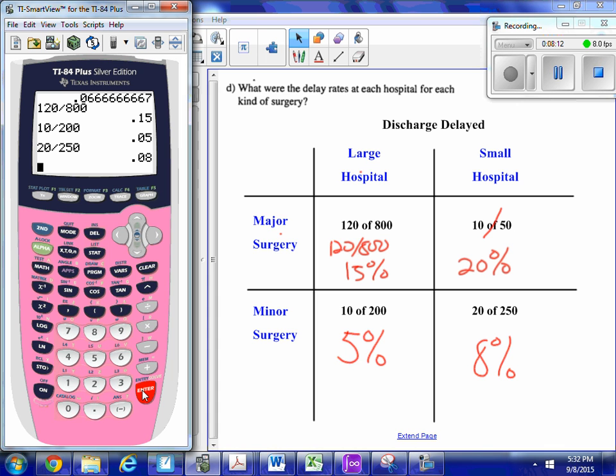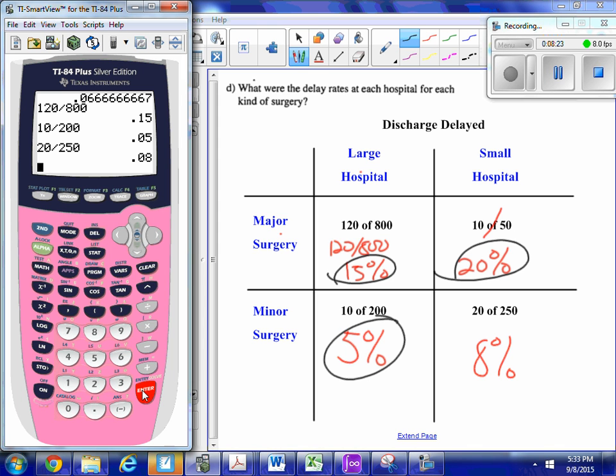So really, if you look at it type of surgery by type of surgery, the large hospital seems to be doing better, 15% compared to 20% and 5% compared to 8%. The reason the overall was different was because of that number right there for the small hospital. So looking at this and then working on your project should help you understand how to do a three-way table.